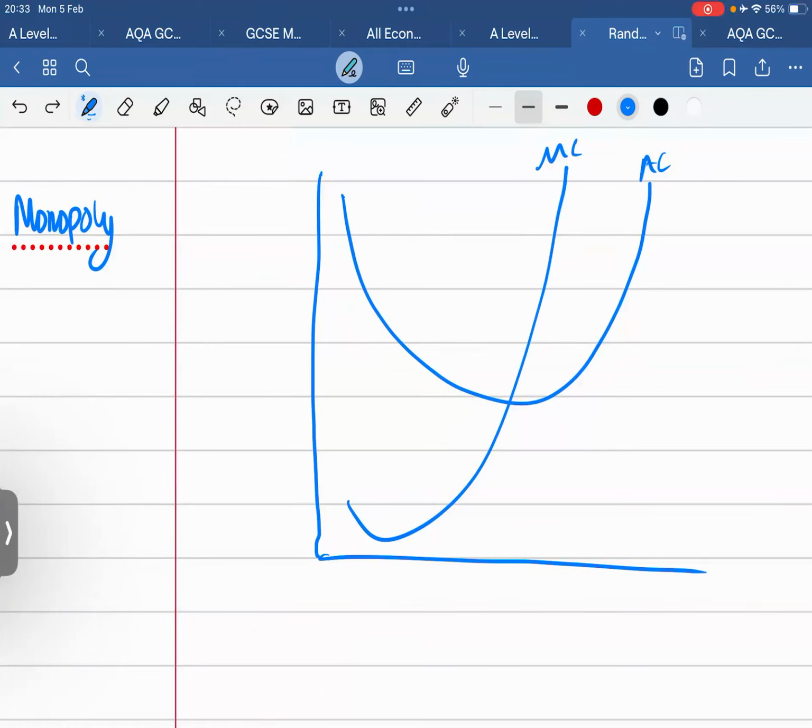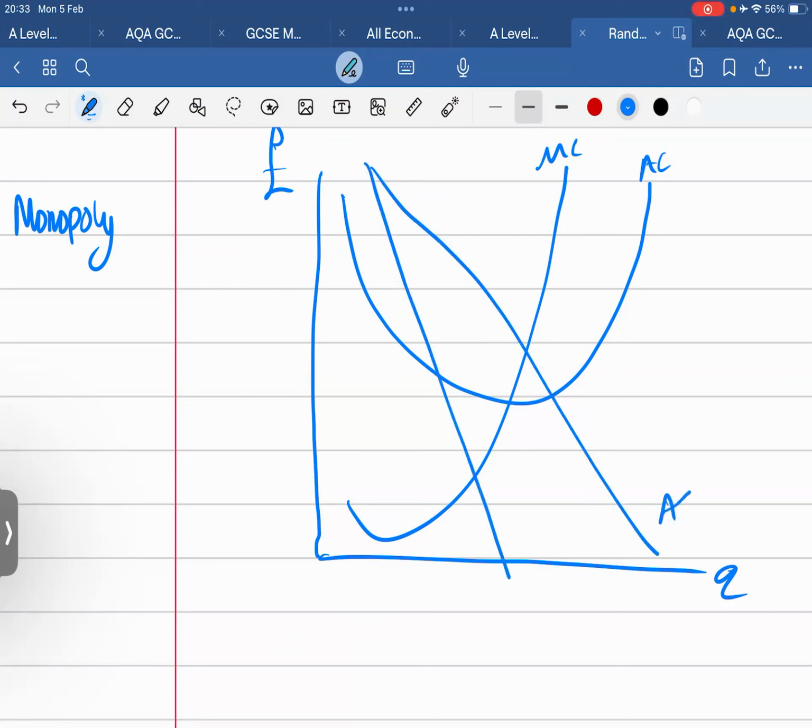And then you've got AR curve, but it's no longer elastic. Okay, AR, MR, MC equals MR over here. We go up. Now we've got a really high price, a really low quantity. That's what they always ask you. And a lot of supernormal profit.